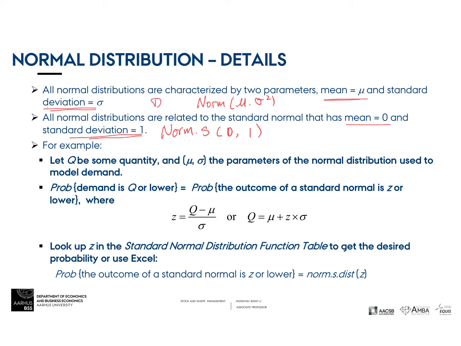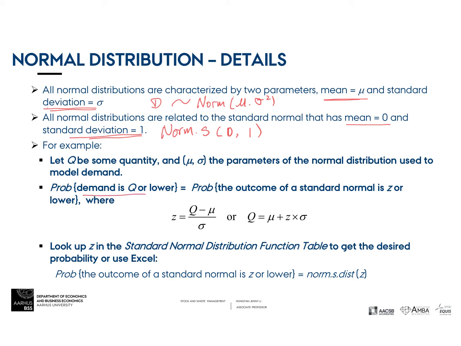Normally we say if your demand is a normal distribution with mu and sigma squared, then we can transform the demand into a standard normal distribution. So for example, let Q be some quantity, and mu and sigma are the parameters of the normal distribution used to model the demand, and we want the probability that demand is Q or lower.